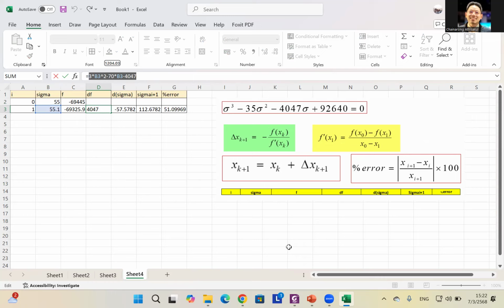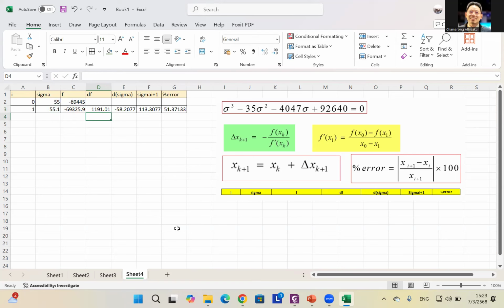That is equal to f(x0) minus f(x1), divided by x0 minus x1. Do not switch it, because it's related to the sign convention, right? This is the approximate value of f'(x).